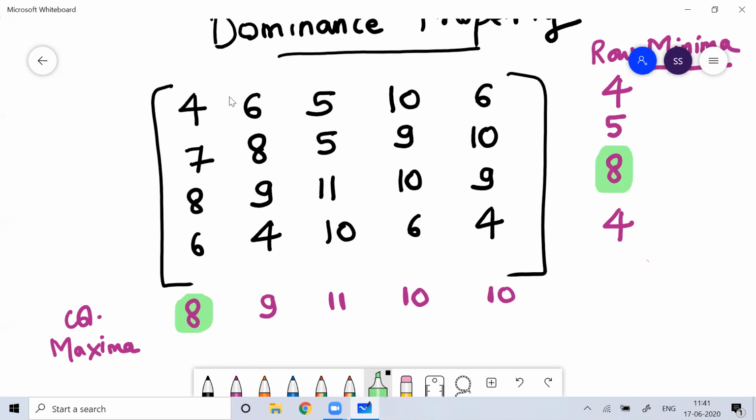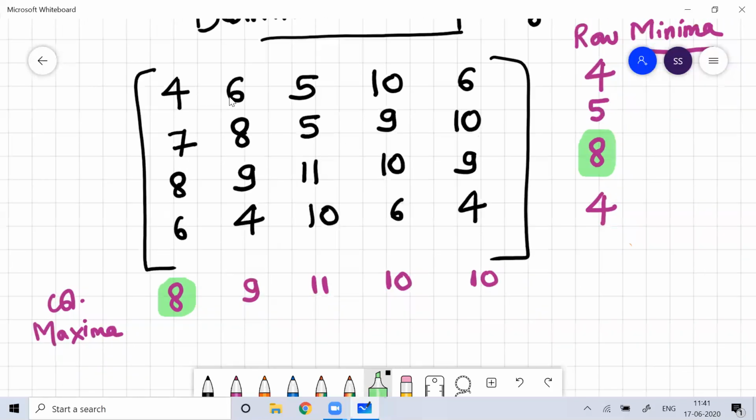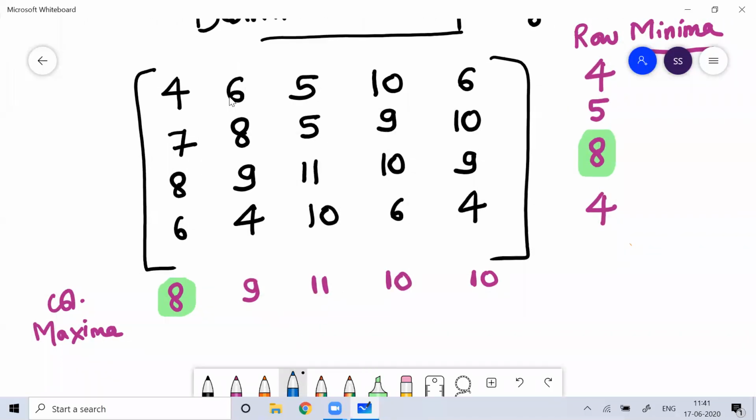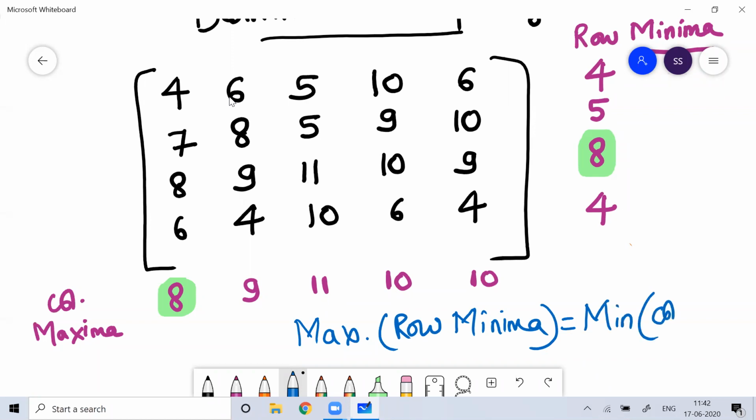So by seeing this problem, I can say that the maxima of row minima is equal to the minima of column maxima. Here they are both equal to 8. Both are equal, so what does that mean?